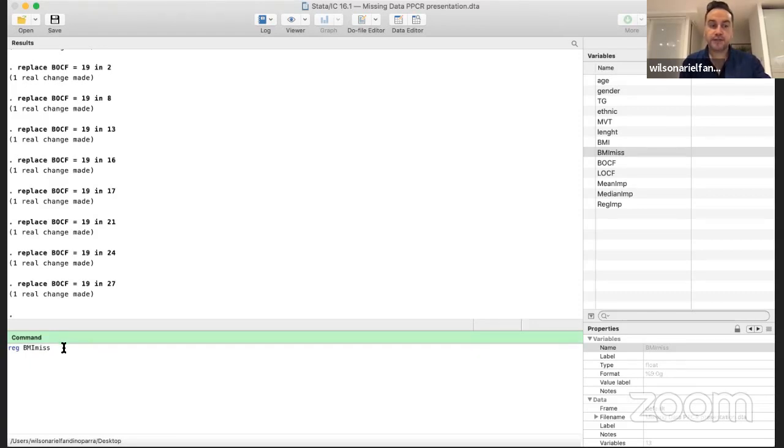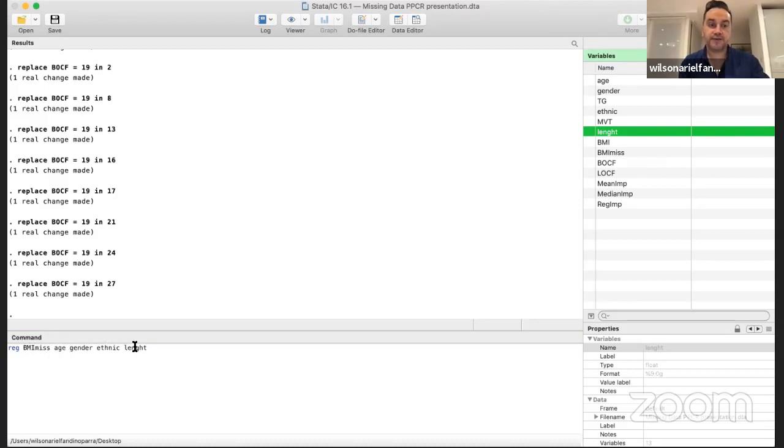Okay. So BMI miss, and then it is also important to be mindful when including your variables, because you can't just include variables for whatever reason. You have to have reasons to think that these variables might or might not be related to the missing data.